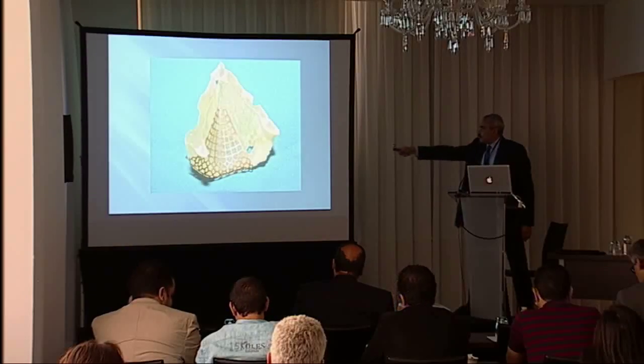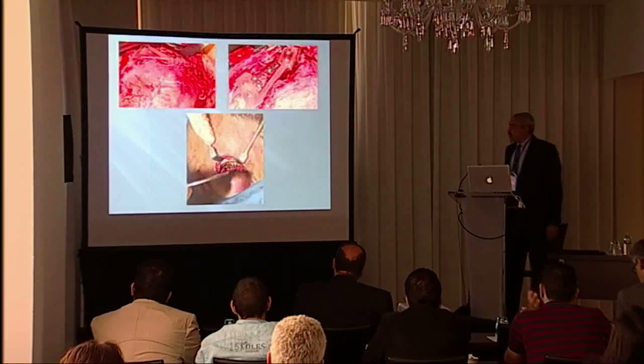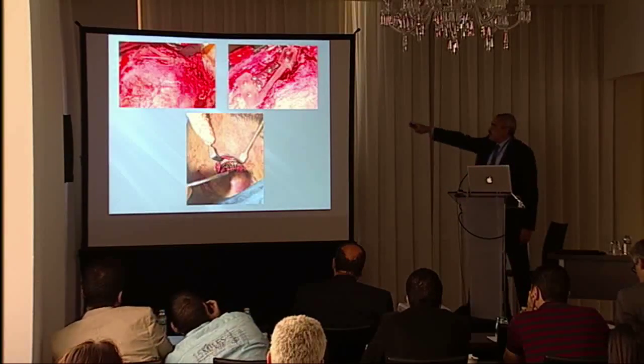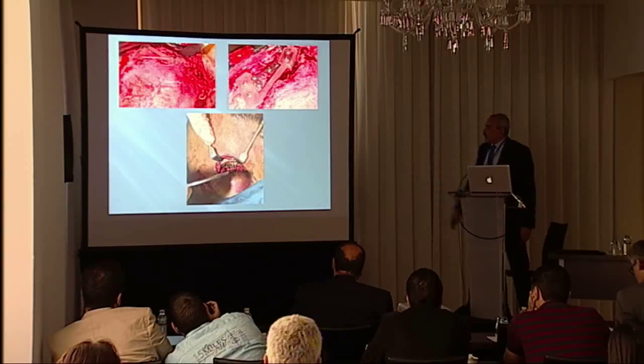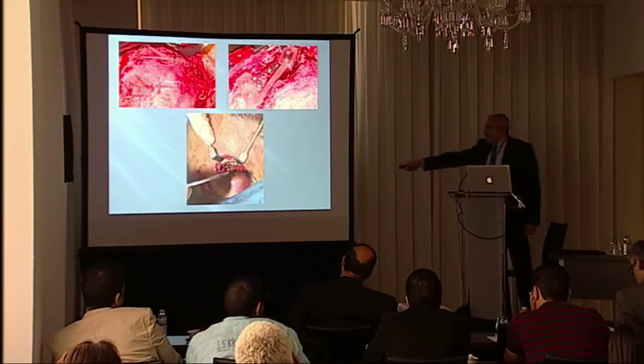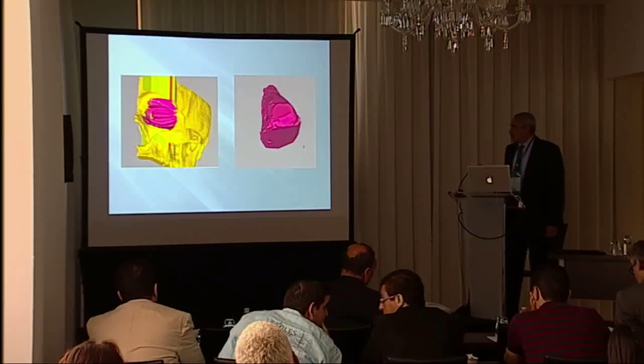This is the orbital floor, and we contoured the orbital mesh to fix that preoperatively. And here is a bicoronal flap, and these are the splints in place, and this is the lateral wall of the orbit, and this is the reconstruction of the orbital floor with the orbital mesh.